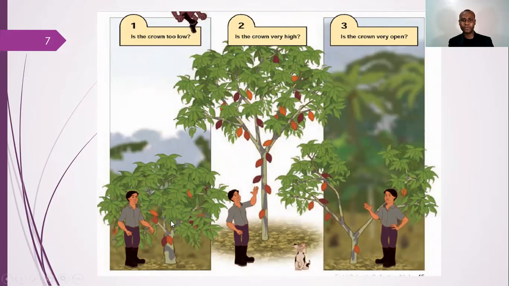You will notice that disease incidence in picture 1 and picture 3 is going to be high, because the stem formation, the canopy formation, is closer to the soil level. Generally speaking, the closer the canopy is to the soil level, the higher the incidence of disease and pests on your farm, because most of the time the diseases come from the soil.